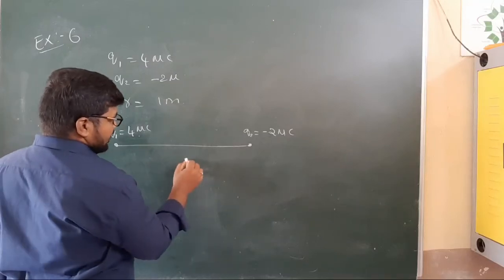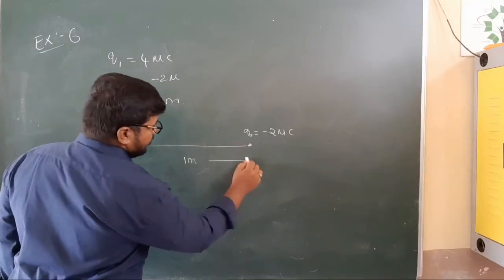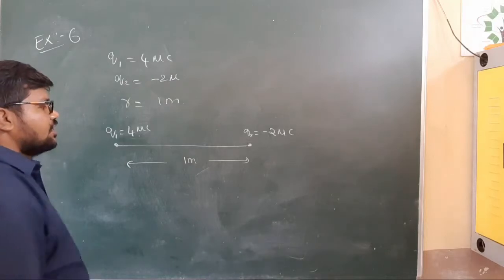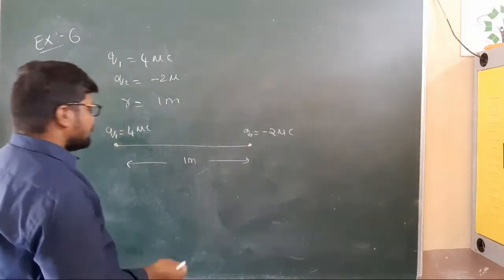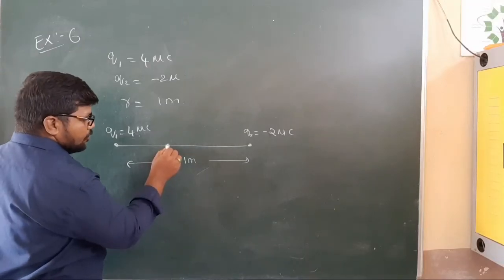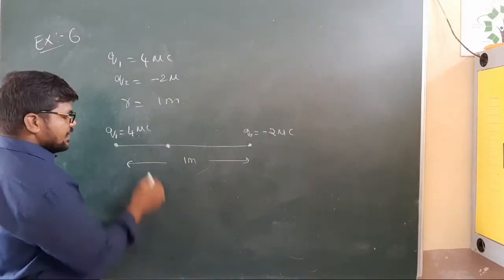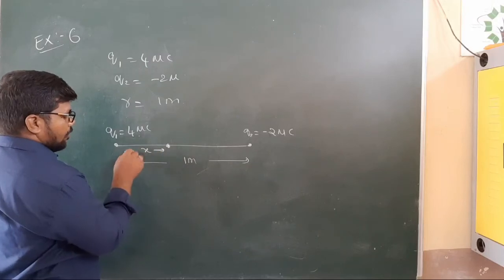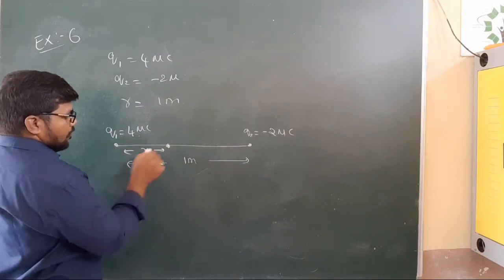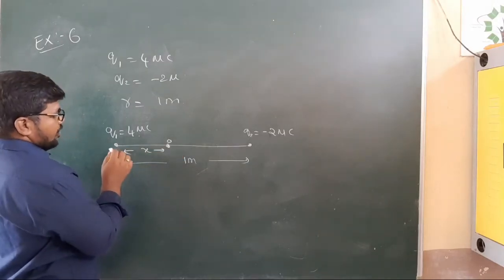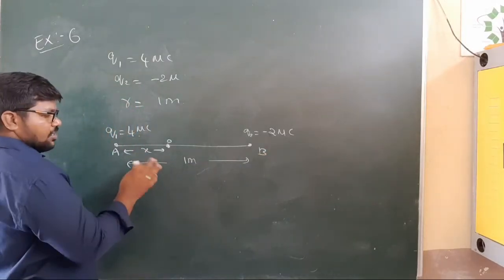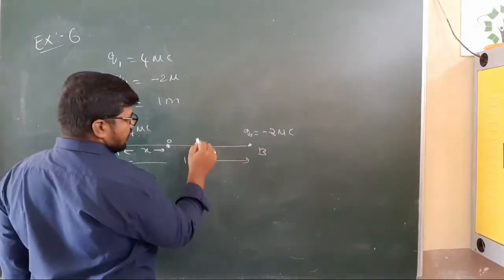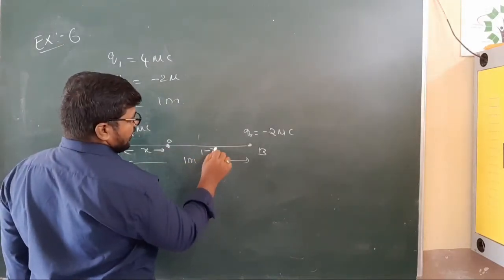So the distance is 1 meter, and you have to take a third point charge which is placed between the two charges. Say it is x distance from A, and from B to the test charge it is 1 minus x.